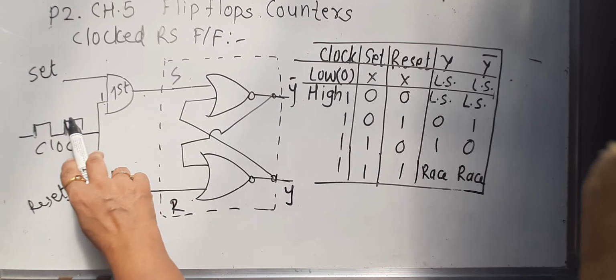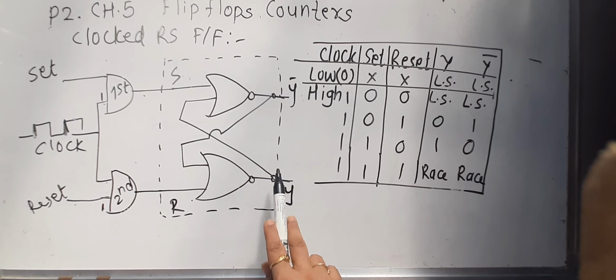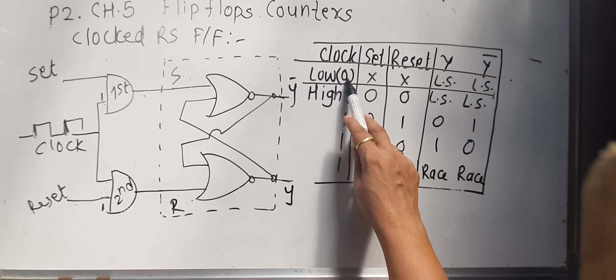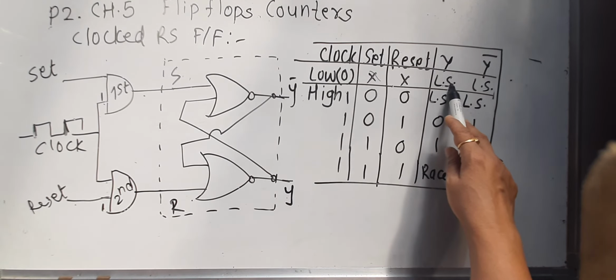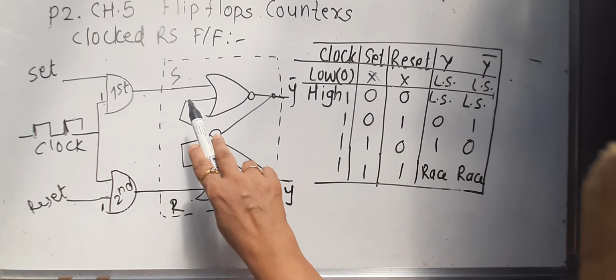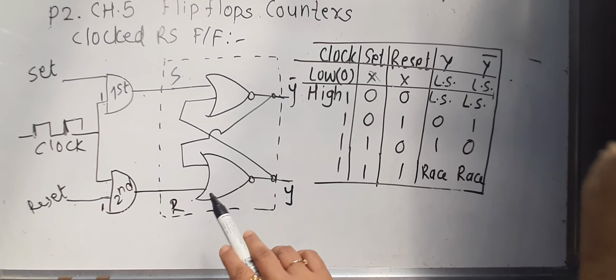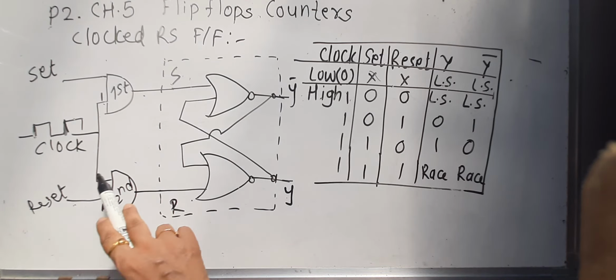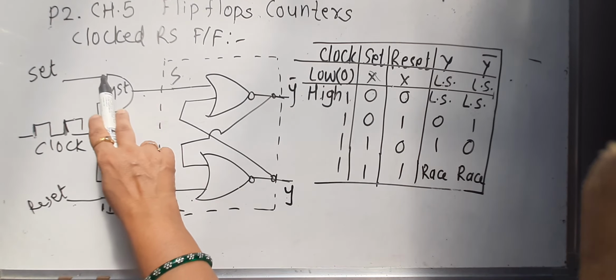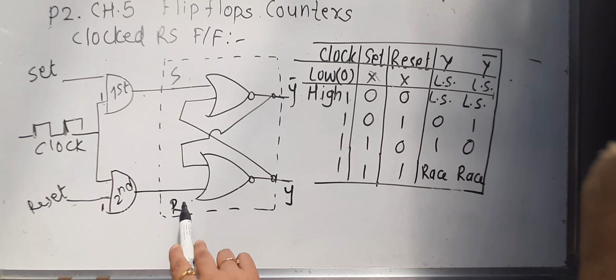So when clock is low, whatever be set and reset, output will remain in last state, because both S and R will be 0 0. Now when clock is high, again when S and R both are 0 0, then as they are 0, here also 0 0, output remains in last state.